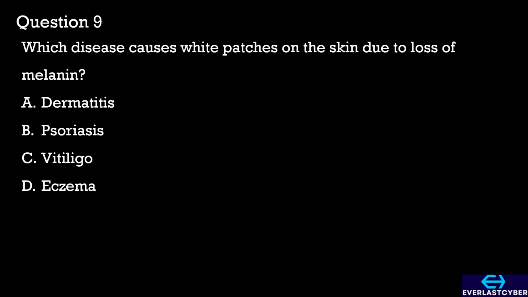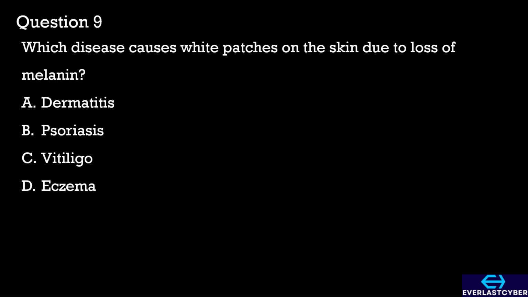Question 9. Which disease causes white patches on the skin due to loss of melanin? A, dermatitis, B, psoriasis, C, vitiligo, D, eczema. Dermatitis is an inflammation of the skin which causes redness, itching, or rashes. Psoriasis is an autoimmune condition that causes red, scaly patches, but it doesn't cause a loss of pigment.